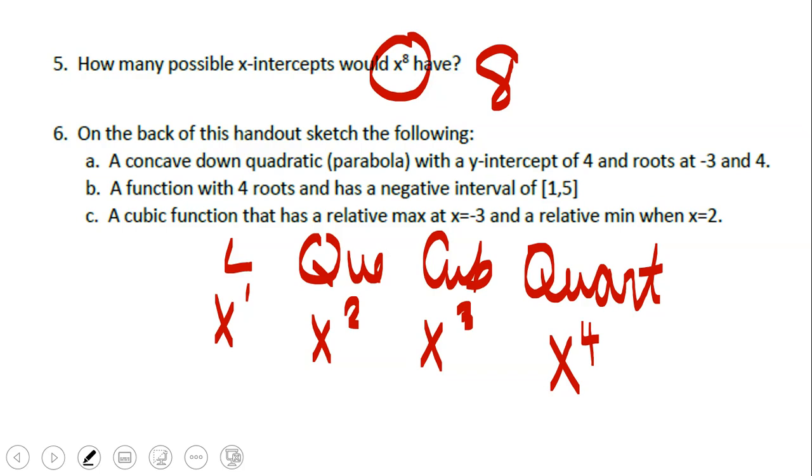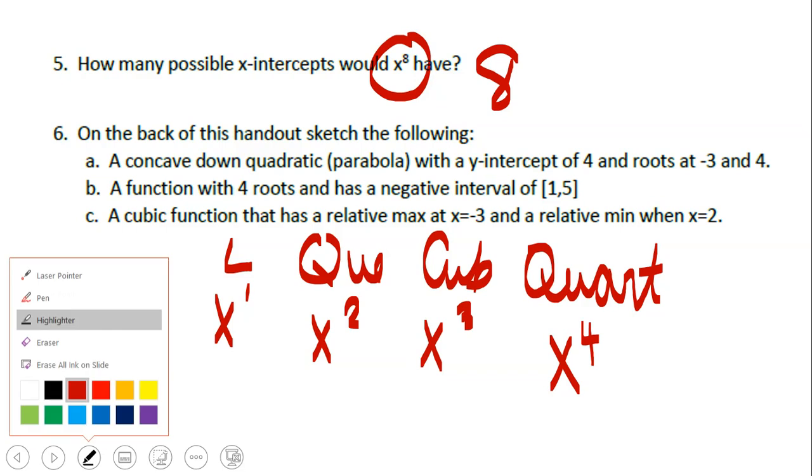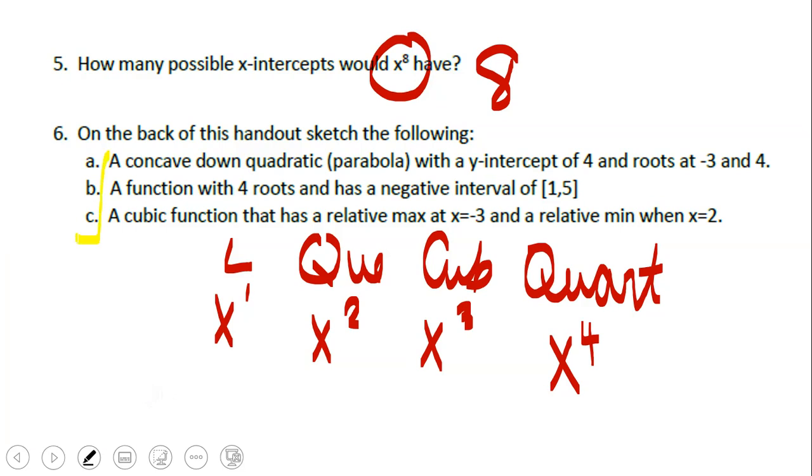And C would be a cubic function that has a relative max at x equals negative 3 and a relative min when x is 2. There are many different options that you could have for those. On the back of this paper, sketch me graphs that have those specific details according to each part. You should have plenty of space. And then I'll go over them.